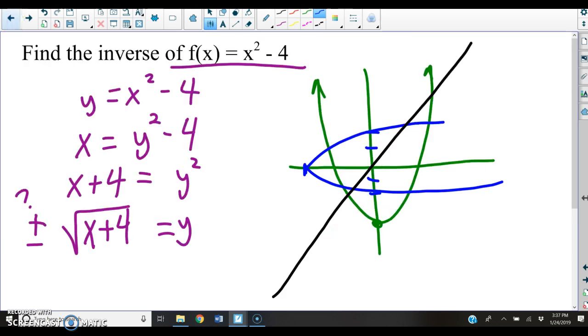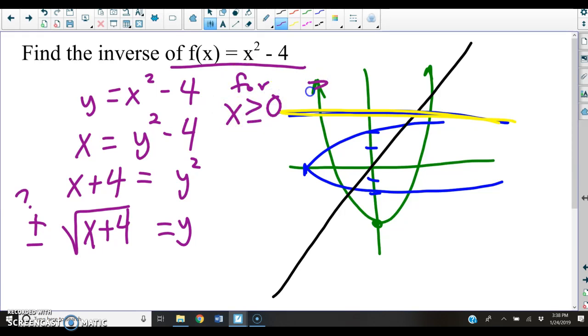And that's what happened here. This would fail the horizontal line test, and I should have made that a different color. Okay, it would fail the horizontal line test. So it would actually not have an inverse unless we limit the domain. If I go back and say for x greater than or equal to 0, then I'm not using this part of my graph.